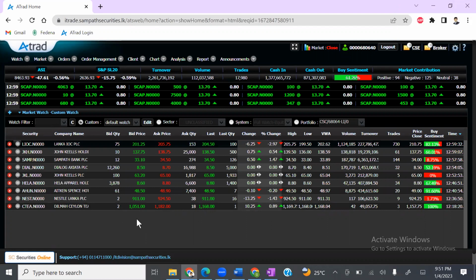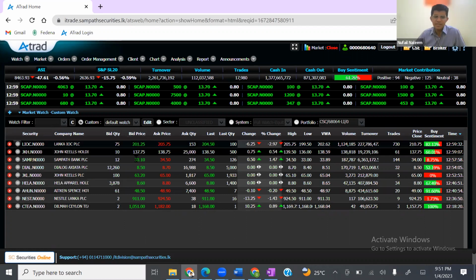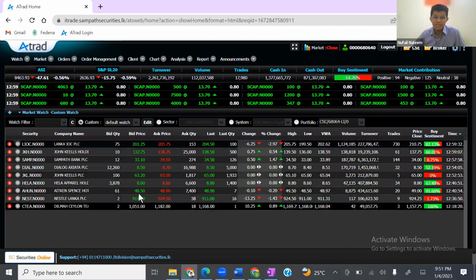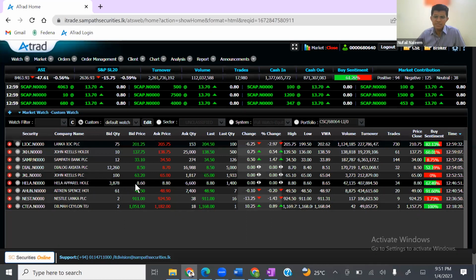Practically speaking, very few shareholders in these countries will keep shares for a long period. In America, they keep it for a long period and then sell it. But in countries like India and Sri Lanka, they want to make money fast. Correct?